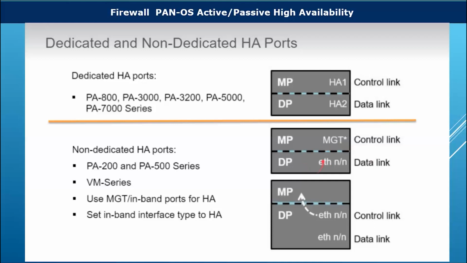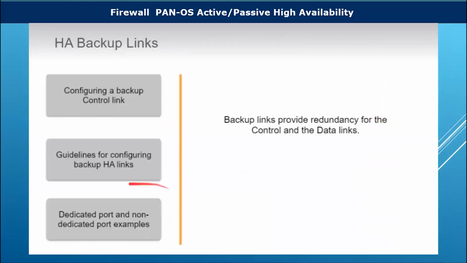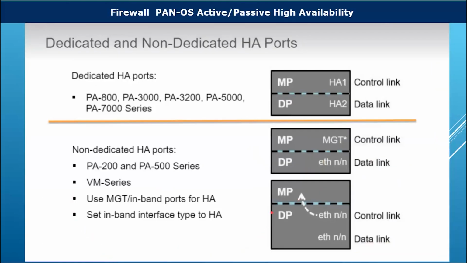This is one scenario you can use, but this one is the Palo Alto recommended best practice. The second one is to use an Ethernet interface for the control link and an Ethernet interface for the data link, because we don't have a dedicated interface here. So this is the scenario. And in our lab, we are going to follow this.